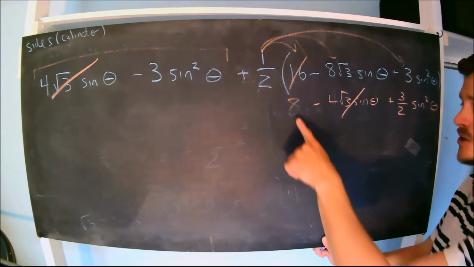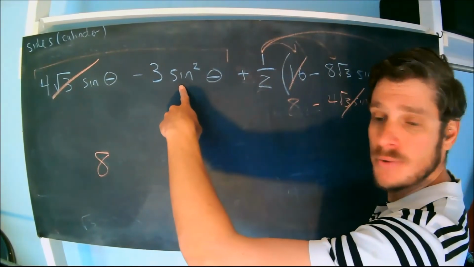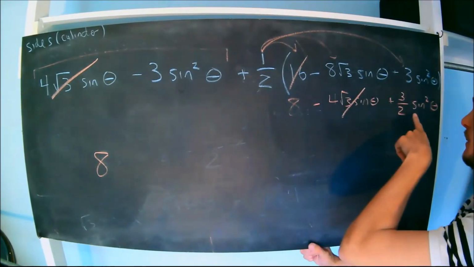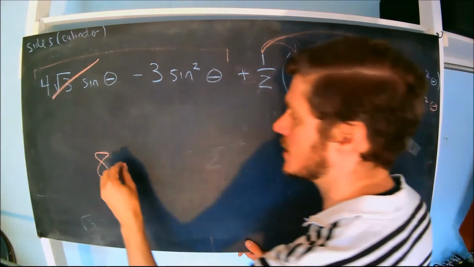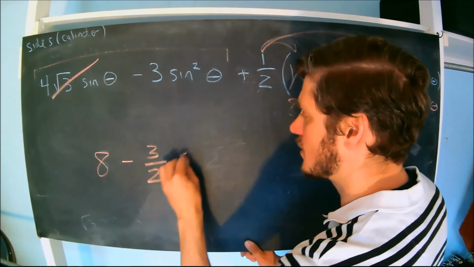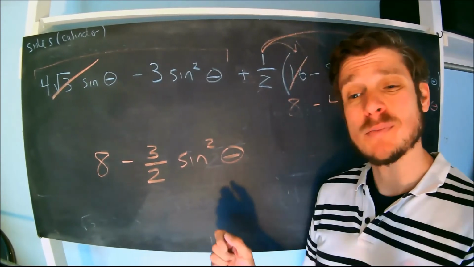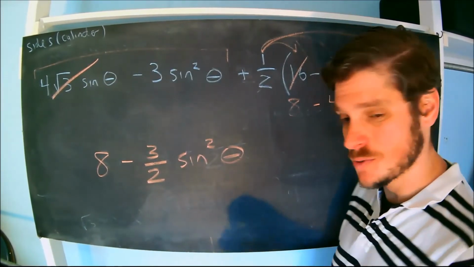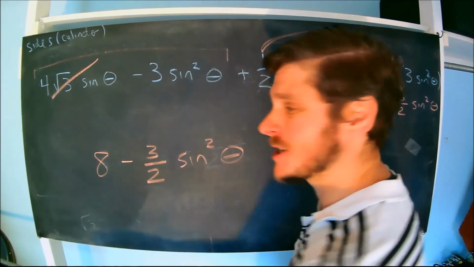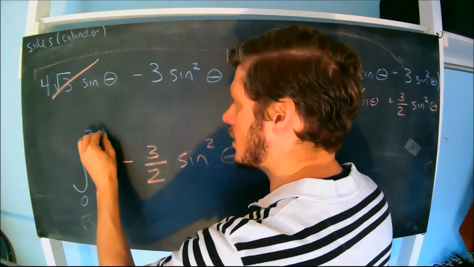Well, let's see, what am I actually left with? I have the 8, and then minus 3 sine squared plus 3/2 sine squared is going to be minus 3/2 sine squared theta. And that's what my integrand is going to be now when I do this with respect to theta. So I'm going to bring this back. Now I'm integrating from 0 to 2 pi.